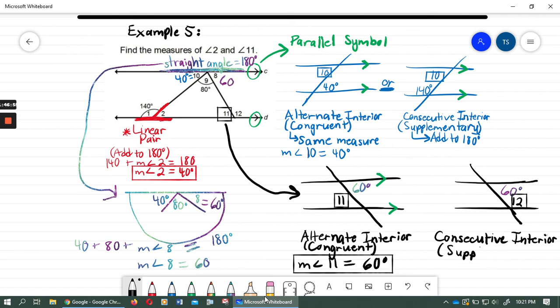And so if these two angles add to 180 degrees, 60 degrees plus what equals 180 degrees, right? So 60 degrees plus 120 adds to 180 degrees, which means that the measure of angle 12 has to be 120 degrees.